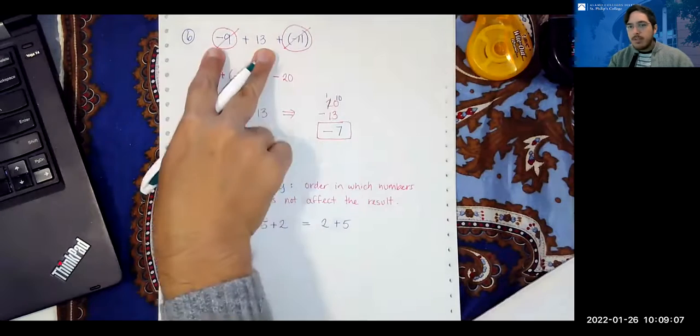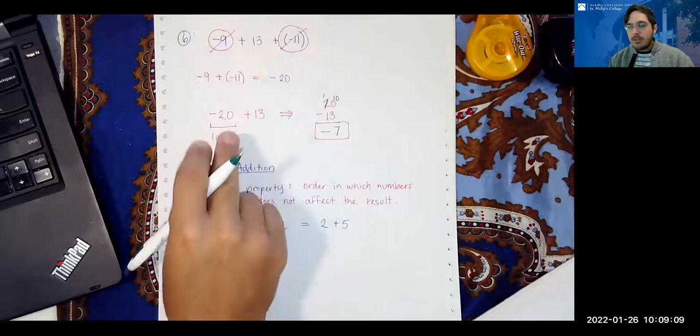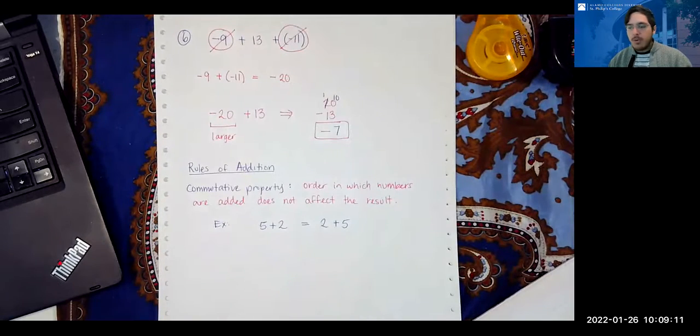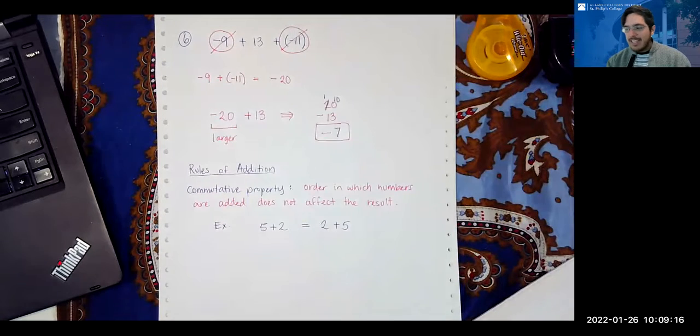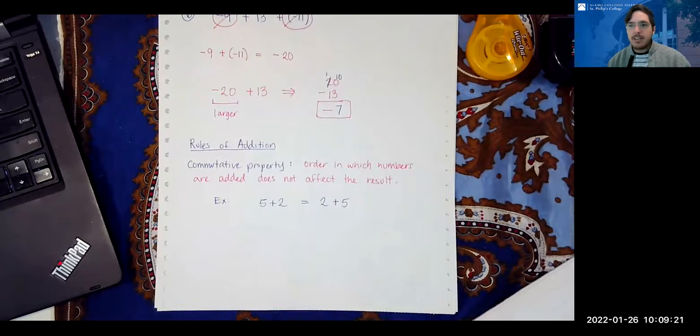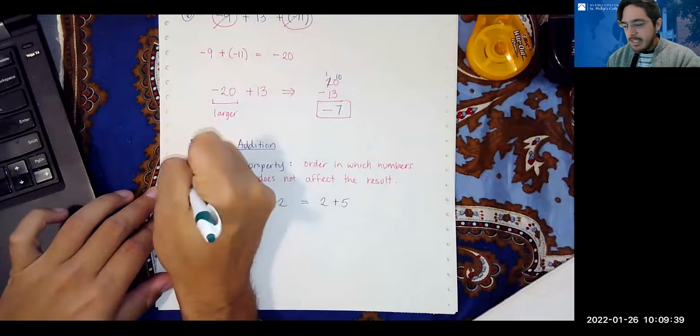You could add the first 2 numbers, get that result, and then add the third number, or you could add the first and the third number, that's fine, and then add the second number in later. The order of addition should not matter if we are purely doing addition. If you ever get a different result working it a different way, then one of those ways you made a mistake because they should lead to the same result. Does that make sense?